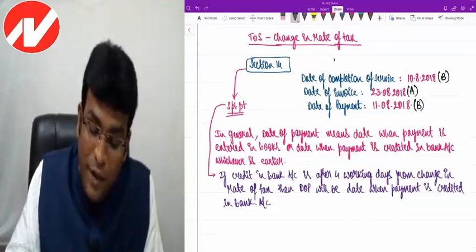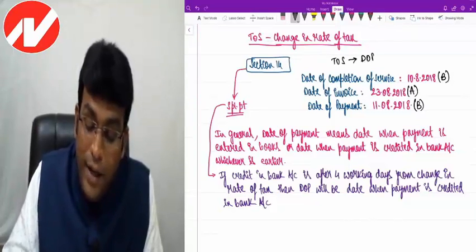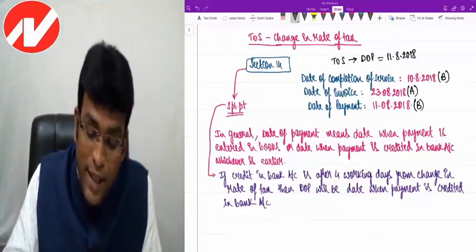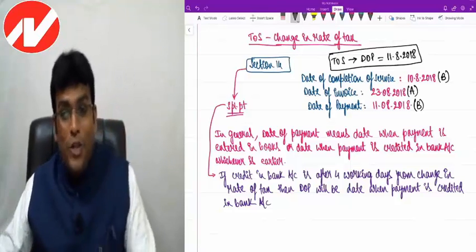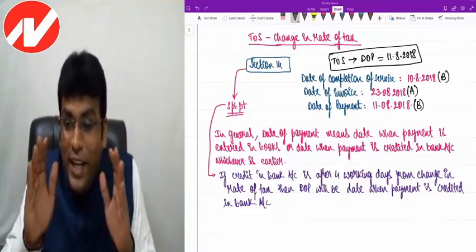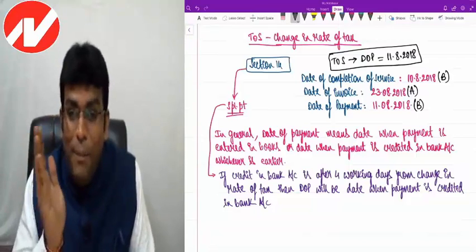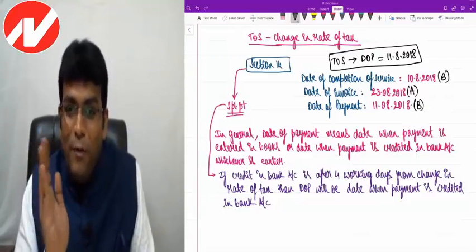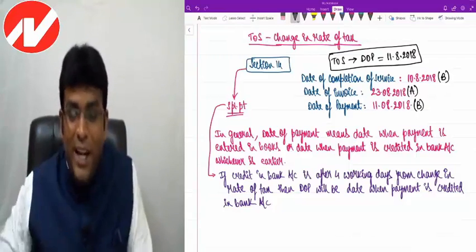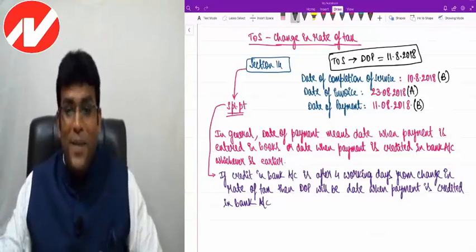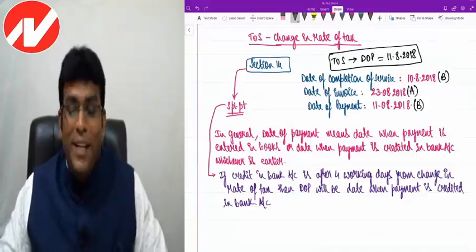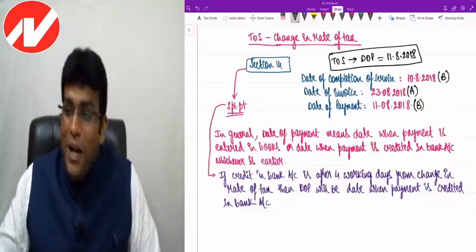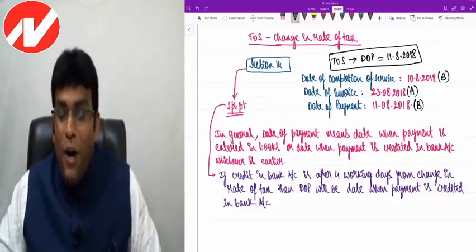In this particular case, time of supply will be date of payment, which is 11th August 2018, because section 14 clearly says if service is before change in rate, payment also before change in rate, but invoice is after change in rate, then time of supply will be date of payment. This is what is given by section 14, which talks about time of supply in case of change in rate of tax.